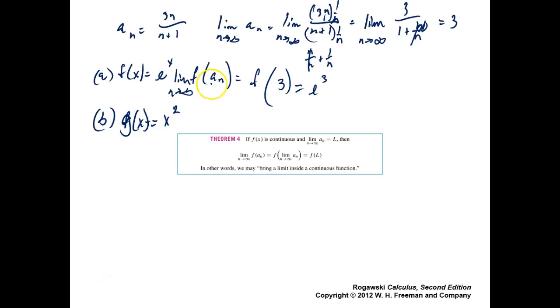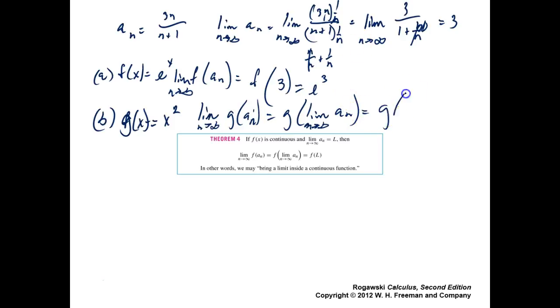Well, then what we're doing is the limit as n approaches infinity of g of a sub n, which would be g of the limit as n approaches infinity of a sub n, which we just did. That's 3. So it's g of 3, which would be 9. 3 squared equals 9.